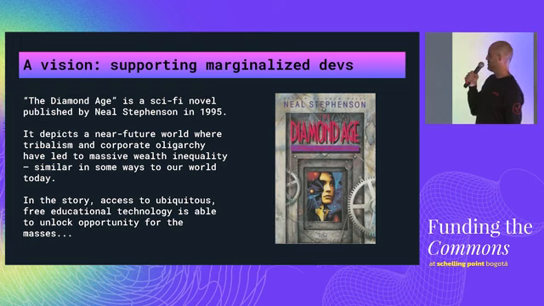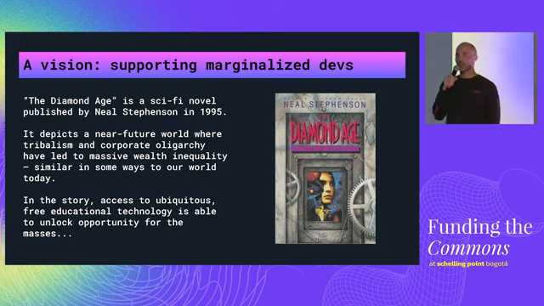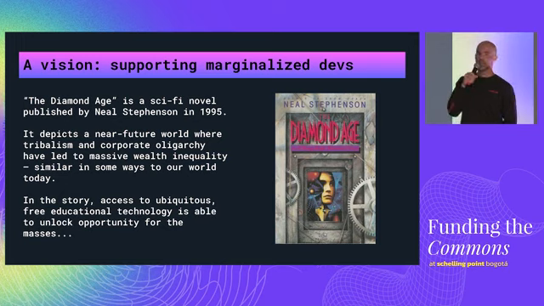Spoiler alert, the short version of the story is that there's massive wealth inequality, but access to ubiquitous free educational technology ends up leveling the playing field. A lot of people gain access to the ability to program and to technology, and it turns the tables on the control that the oligarchy had over the world.